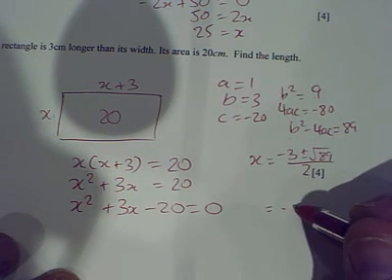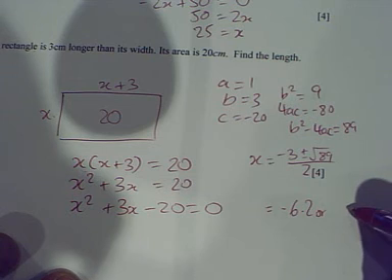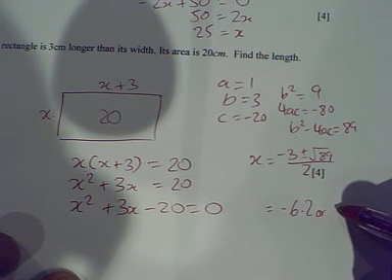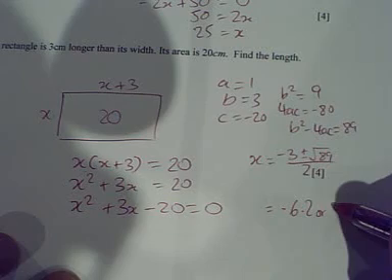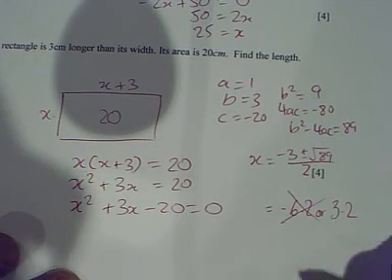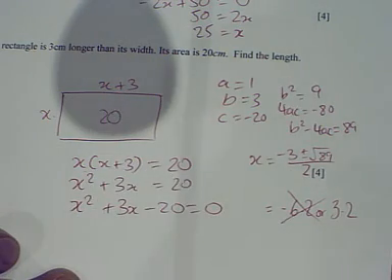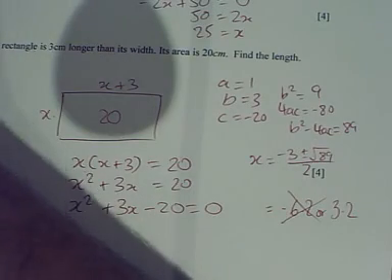You're going to get a negative answer here because minus 3 minus the square root of 89 is going to come out as negative. So when you do get your two answers, you're going to discount the negative one. Let me just roughly work out what that's going to be. This is like minus 6.2 or so.